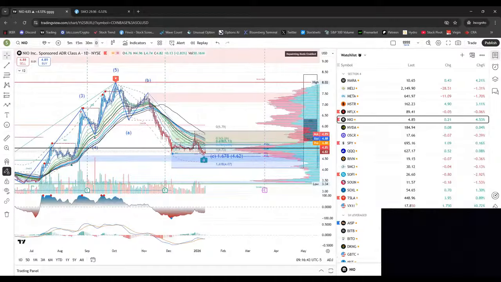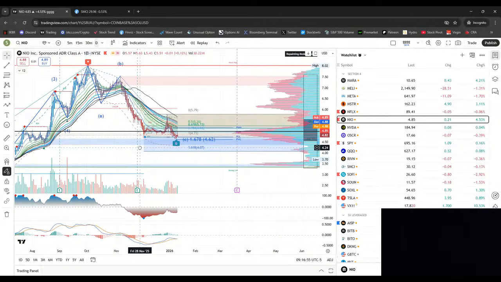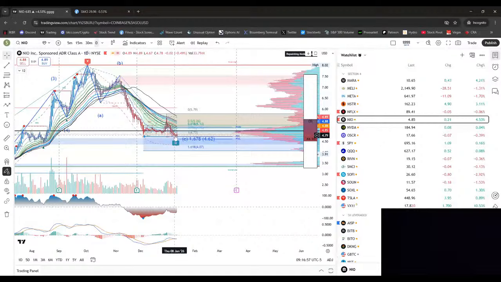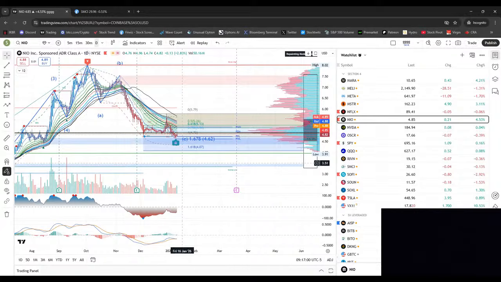Make sure you have the NIO trade, and do not panic if this price drops to 438. Price can drop a little bit because it's a Chinese stock. They are always manipulated. So if you buy here at 488 and the price goes to 438, you buy more at 438. This is not the stock to panic.